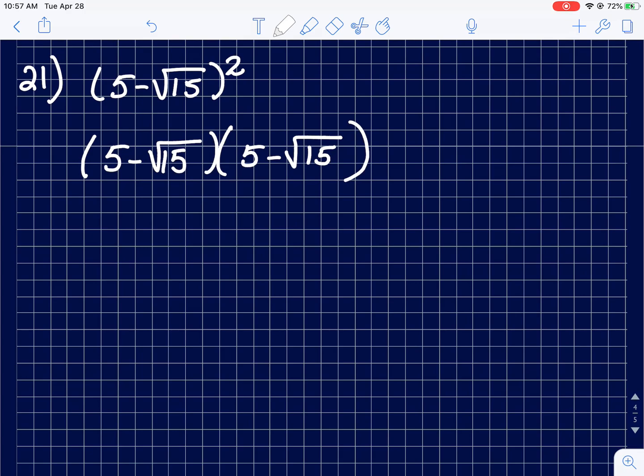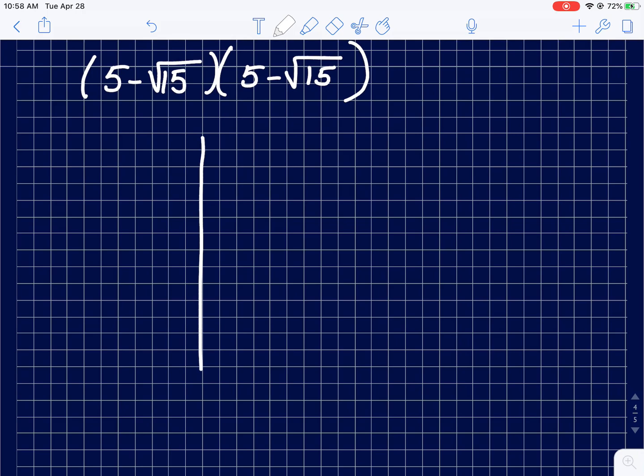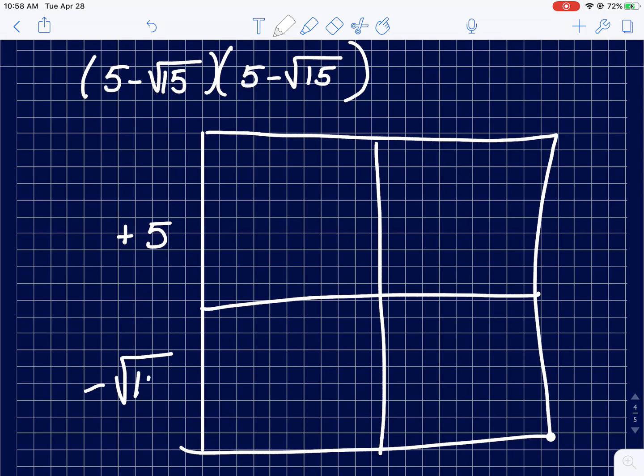Okay? Now, I said I would box this one, so let's box this one. So positive 5, negative root 15, positive 5, negative root 15.